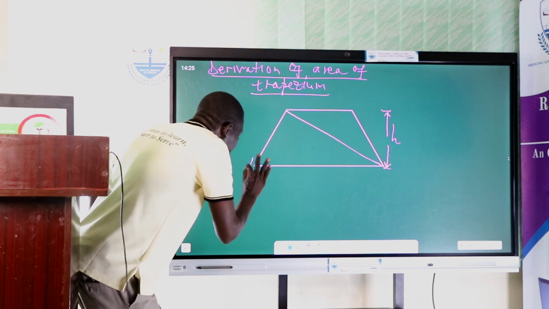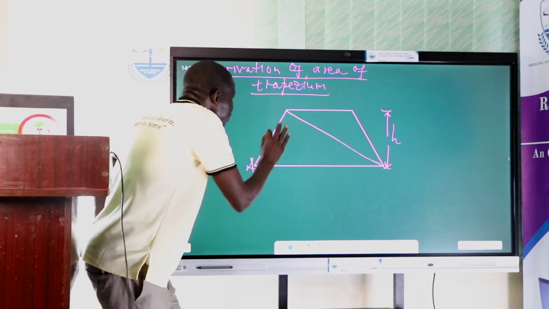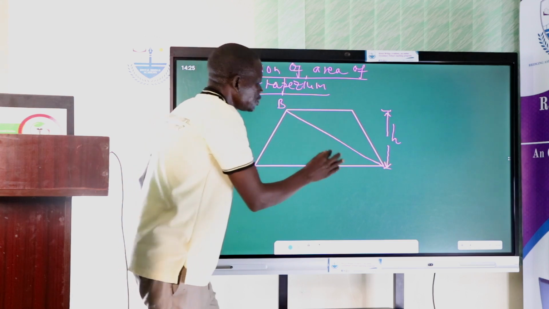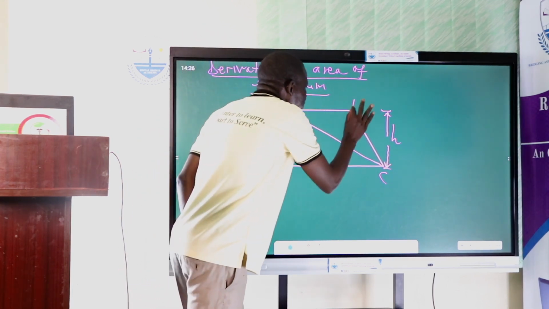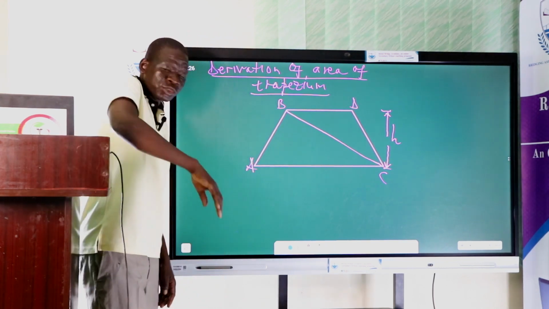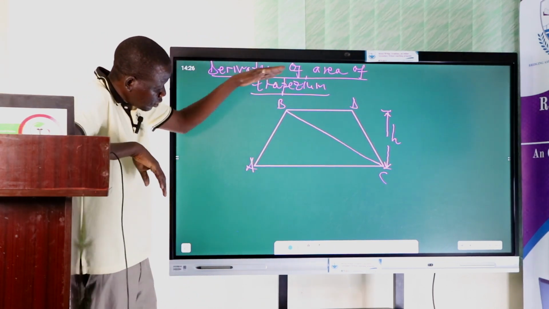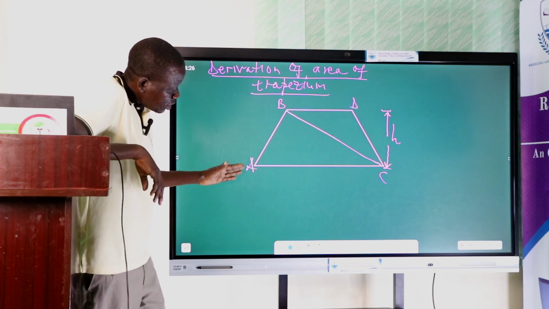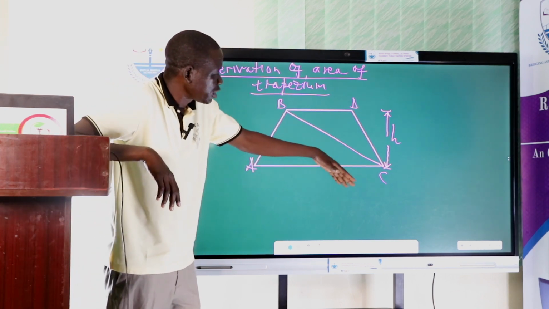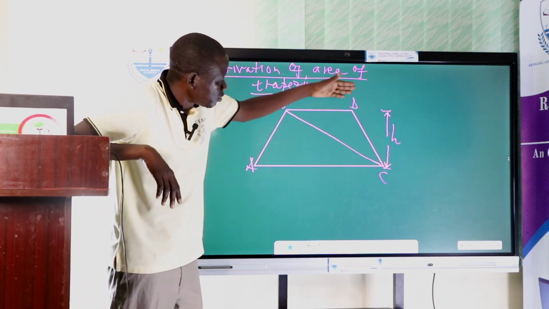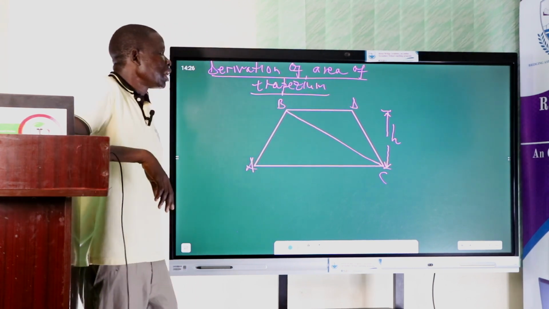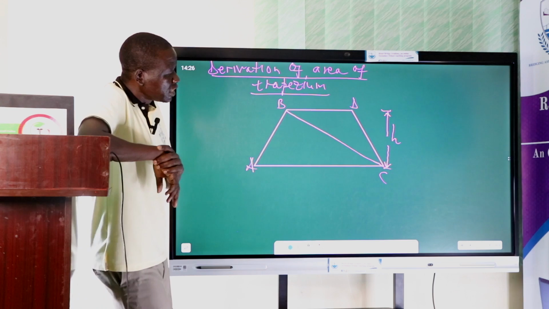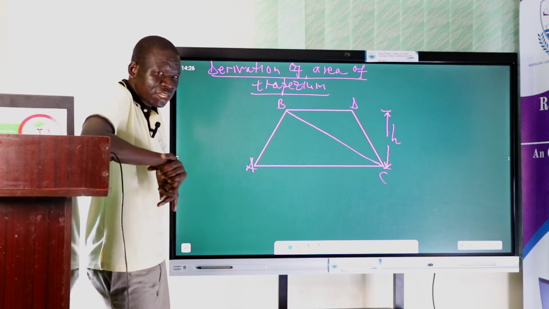If I name this triangle A, B, C, then the other one becomes B, C, D. So we have two triangles there. Triangle B, A, C, and then triangle D, B, C. Now I'm going to find the individual areas.